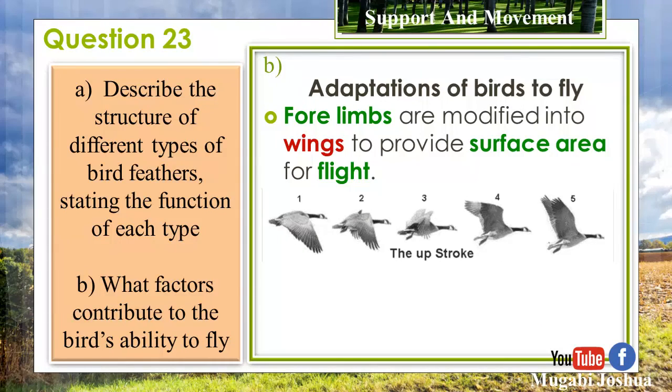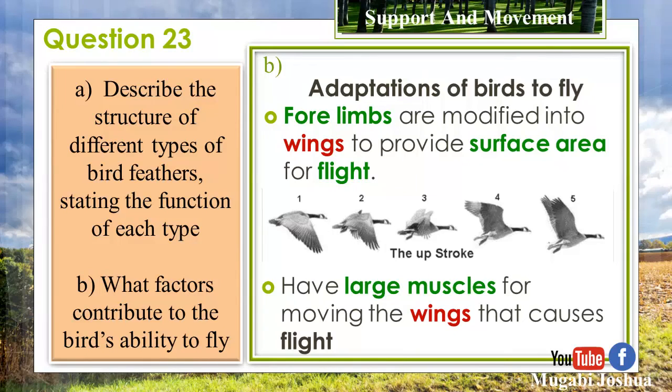The forelimbs are also modified into wings, and these provide the surface area for flight. That is another adaptation of birds to fly.